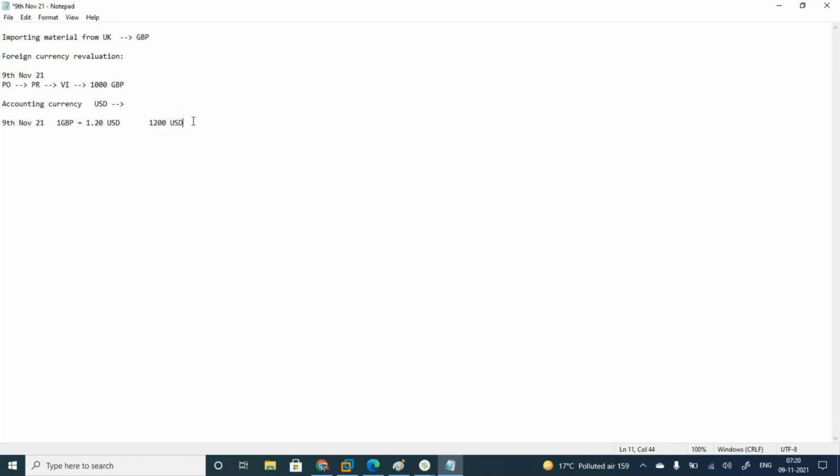Now, 30th November, I'm generating a report, the trial balance. If I generate the trial balance, then at that time I need to calculate what the current exchange rate is. So 1 GBP equals 1.25 US dollars.